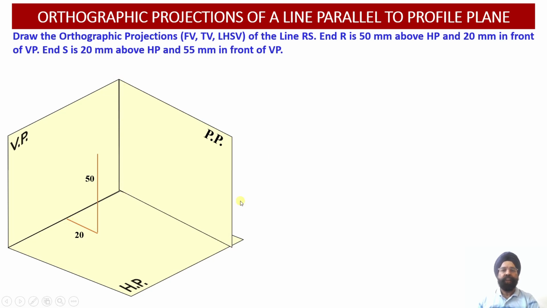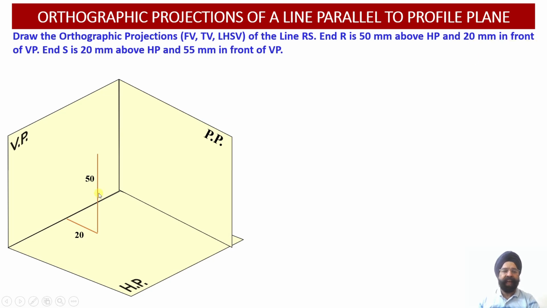We know that end R is lying 50 millimeter above the horizontal plane and 20 millimeter in front of the vertical plane.